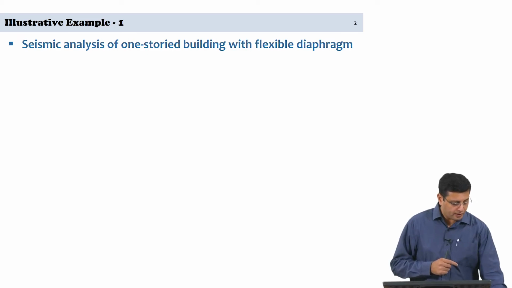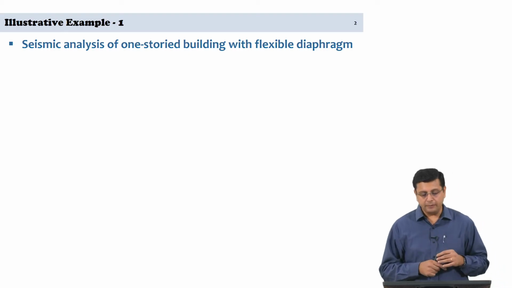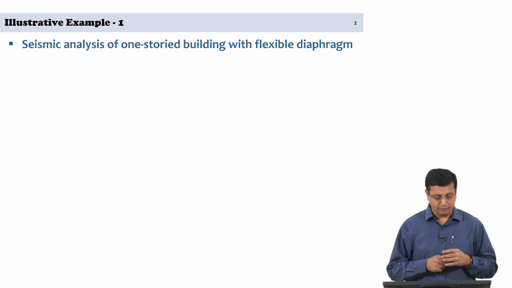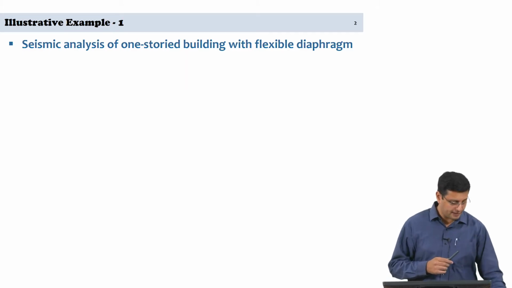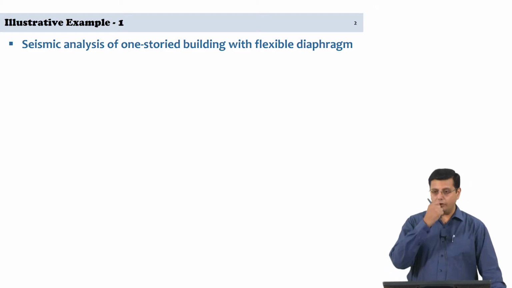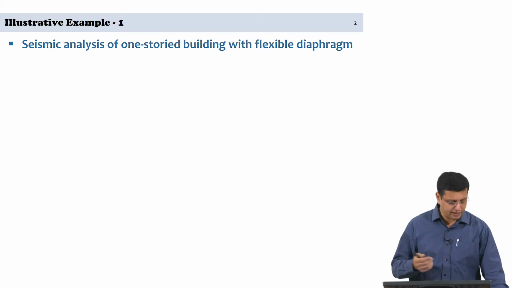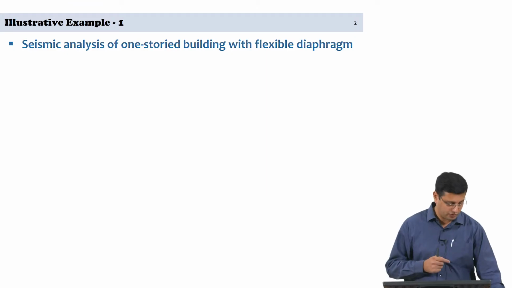So, what are the aspects that we need to consider primarily when we deal with flexible diaphragm? A building with a flexible diaphragm is what we will be looking at in this particular example. We will also arrive at the design forces that are required for the masonry walls, and then examine if the dimensions are adequate or do we need reinforcement, and so on.